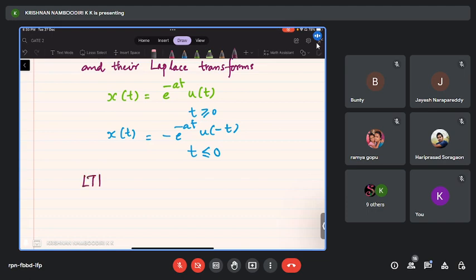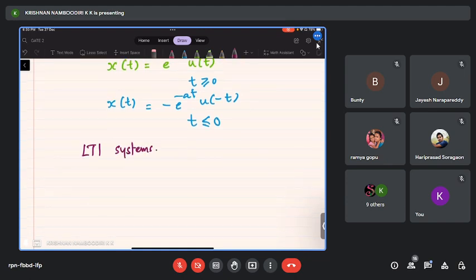Coming to LTI systems, what are causal systems? Can somebody tell what is causality?